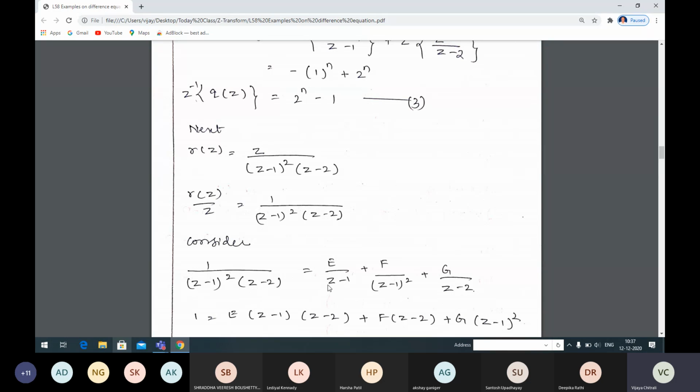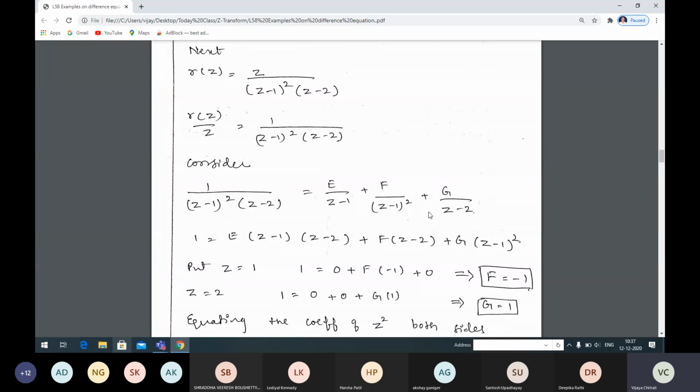Here, for the z minus 1 term, multiply by (z minus 1) and (z minus 2); for the (z minus 1) raised to 2 term, multiply by (z minus 2); for the z minus 2 term, multiply by (z minus 1) raised to 2.